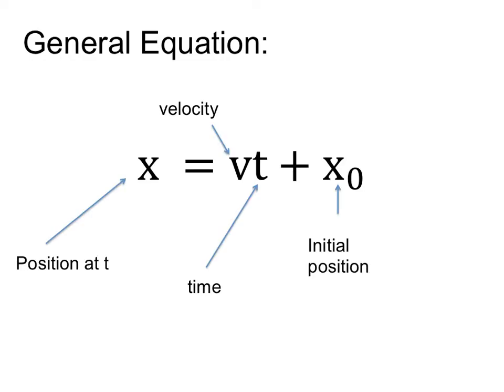So x tells us the position at time t. The velocity is the slope here, how fast it's going. And we have x naught, that's a subscript of 0. I say x naught as the initial position. So moving forward, a lot of the math problems that we'll be doing in this unit is going to involve just manipulating and using this equation.